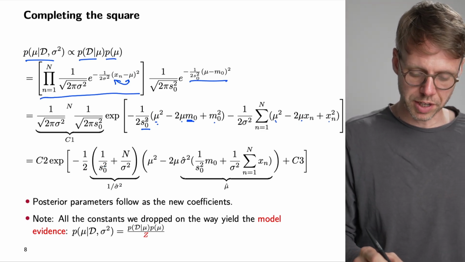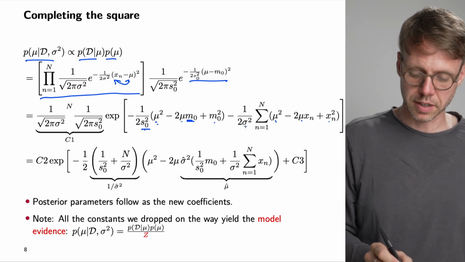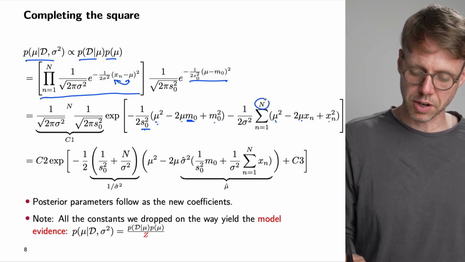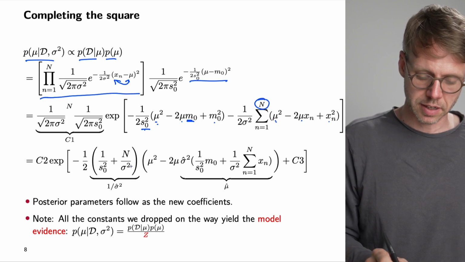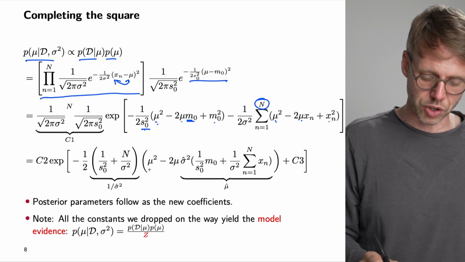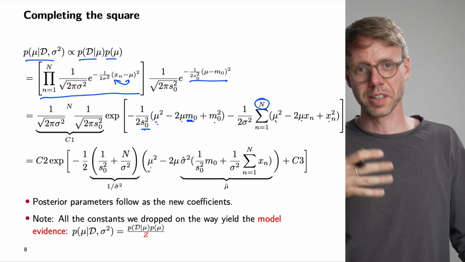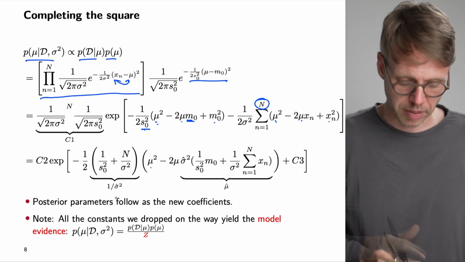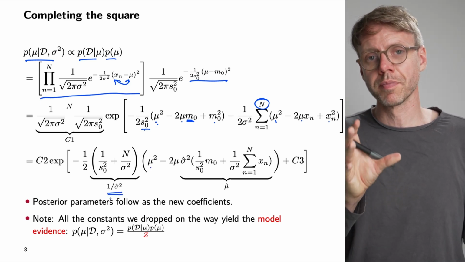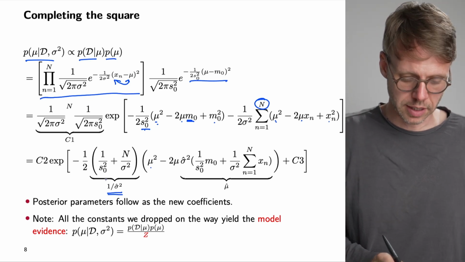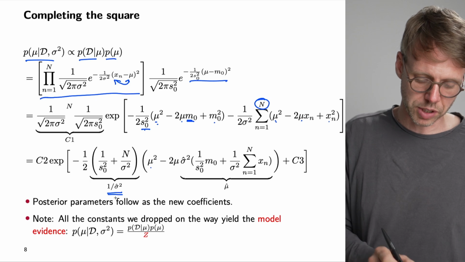So here we see 1 divided by S0 squared, 1 divided by sigma squared. We have n of those, so we get n divided by sigma squared as the coefficient of the quadratic term in mu. And we know that this has to be the variance of the new distribution, so of the posterior distribution.